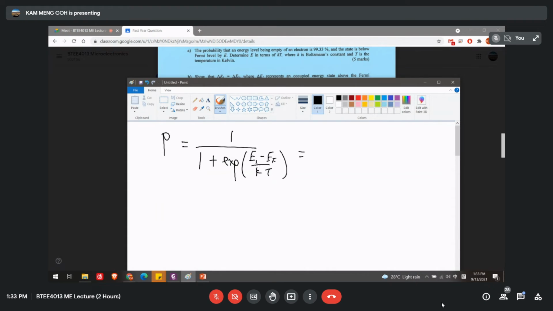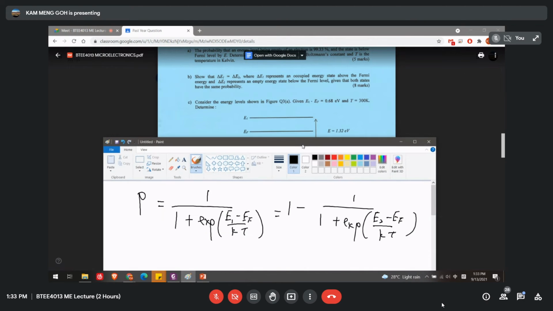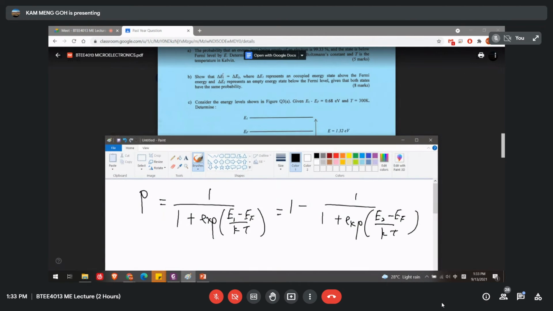This one, the probability for E1, will be equal to 1 over 1 plus exponential (E2 minus EF) over kT. He wants to prove that E1 equals E2 when both are having the same probability. Okay, so let's try to play around with this.